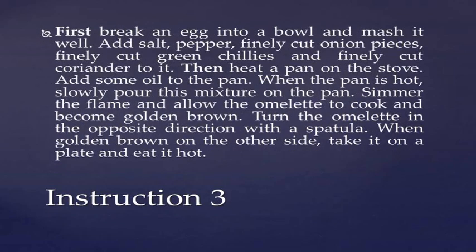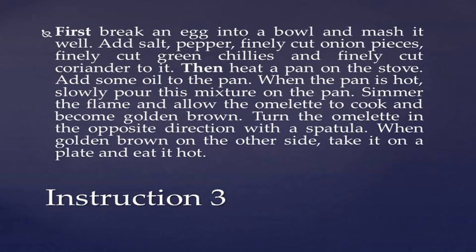Look at this instruction set. First, break an egg into a bowl and mash it well. Add salt, pepper, finely cut onion pieces, finely cut green chilies, and finely cut coriander to it. Then, heat a pan on the stove. Add some oil to the pan.